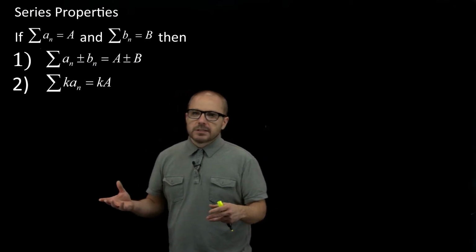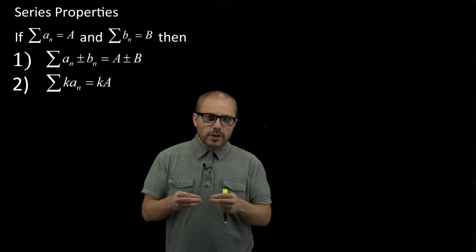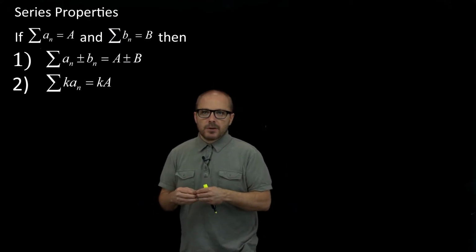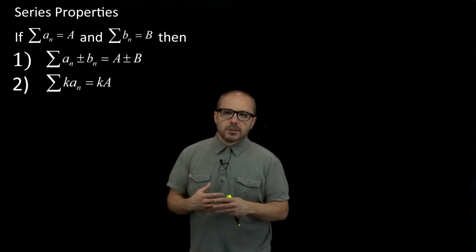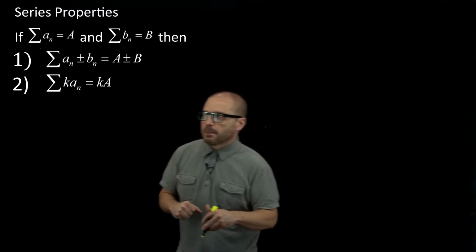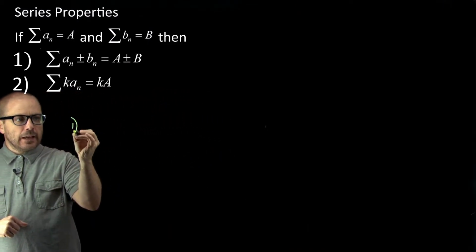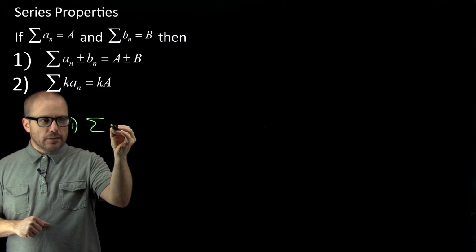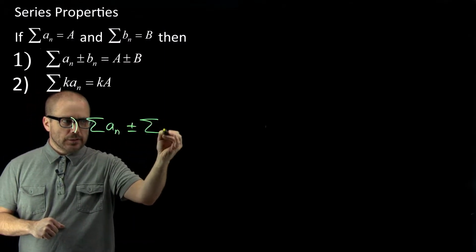Then the first statement is just saying that the sum of the sum or difference of terms is just the sum or difference of that overall sum. Another way to think of that is that you can break a series up. You could rethink of number one there as saying that you could break it up into two series, right?